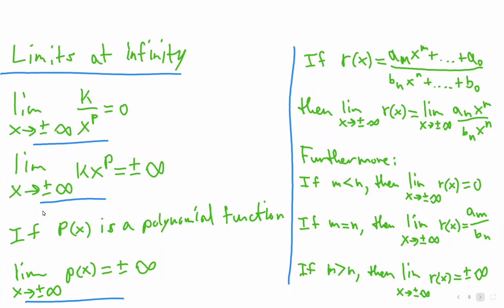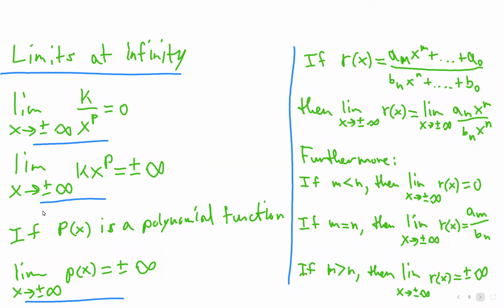The x to the p power will surpass whatever value you wanted if you choose a large enough x in either direction, either the positive or the negative direction. And so if you're looking for a particular size of value for the output, you can find that initial input to reach that.